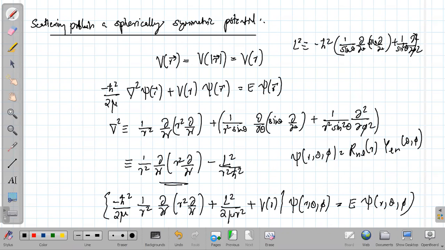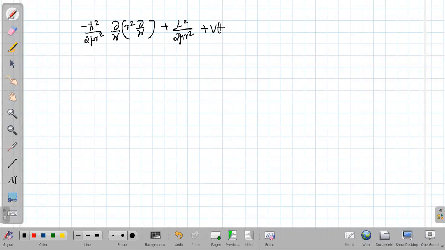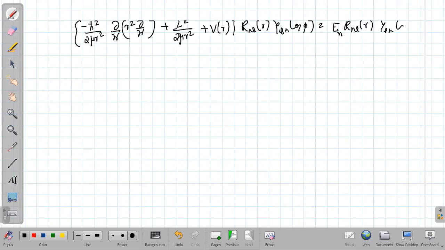So then our equation becomes minus h bar square by 2 mu r square, dou by dou r of r square dou by dou r, plus L square divided by 2 mu r square plus V of r, acting on R_nL of r Y_Lm of theta phi, equal to the energy times R_nL of r Y_Lm of theta phi.